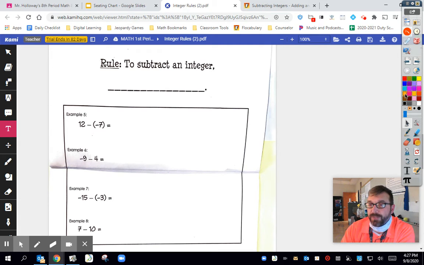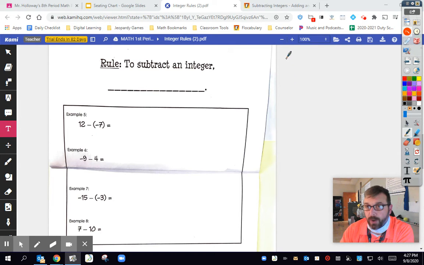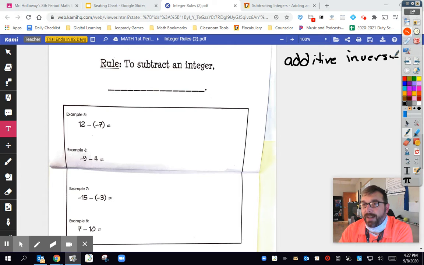So first things first, we need to understand a word. Additive inverse. We talked about this in our other video just a little bit. I want to double check on it. If I take -3 and add a +3, what do I get? I get a 0.